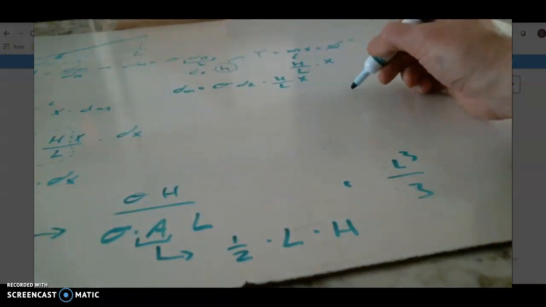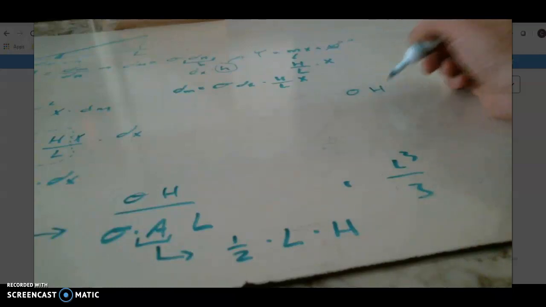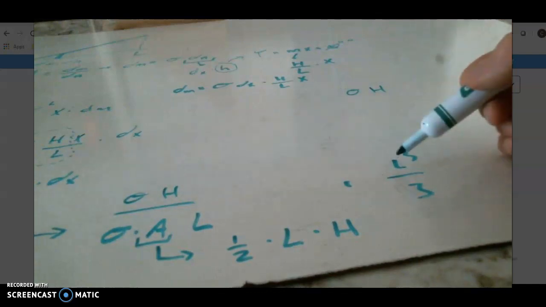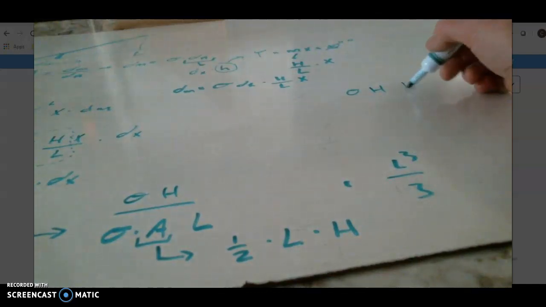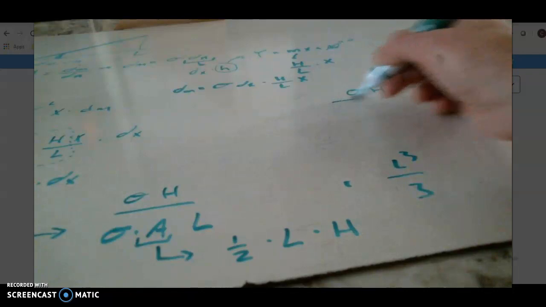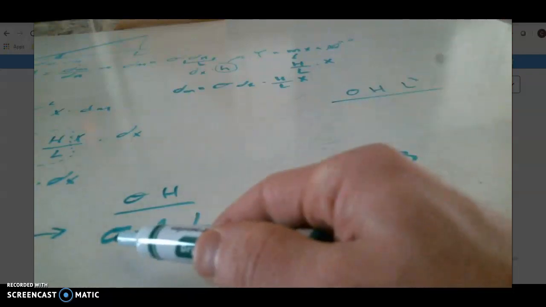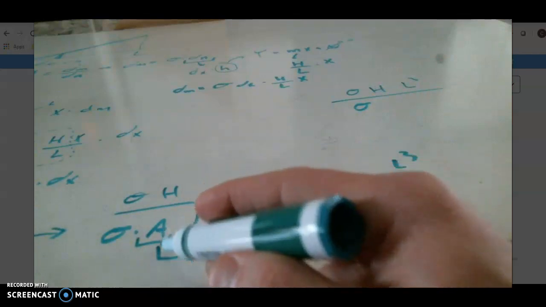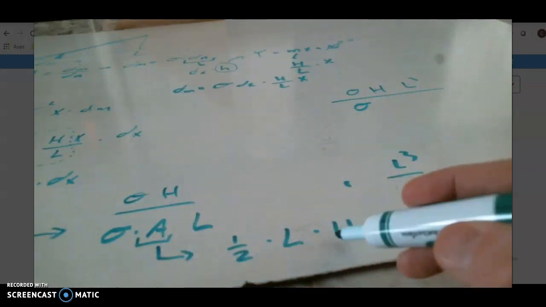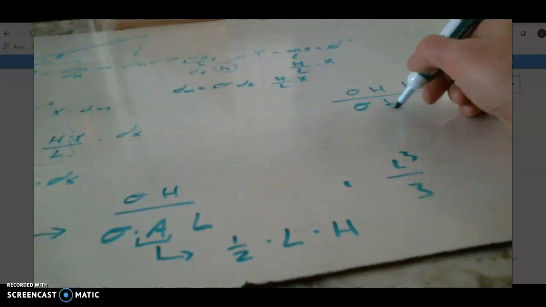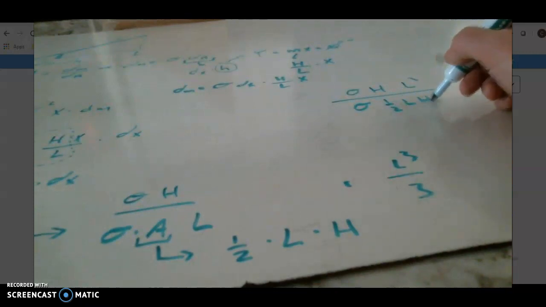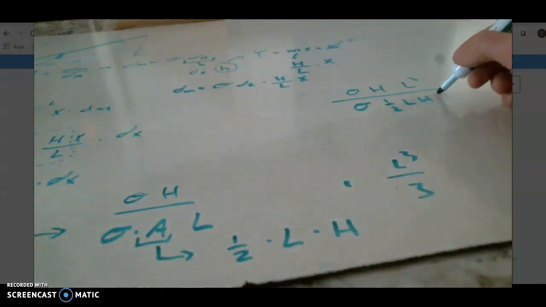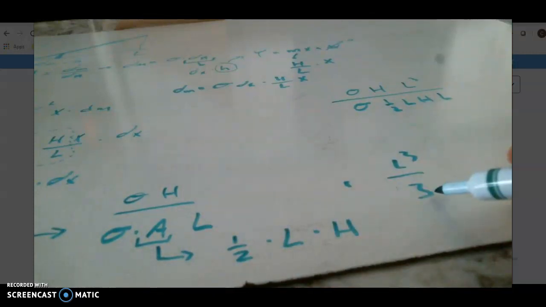It becomes sigma h, that's this numerator here, times L to the third, divided by this sigma times this area, which we called 1/2 LH, times that L times that 3.